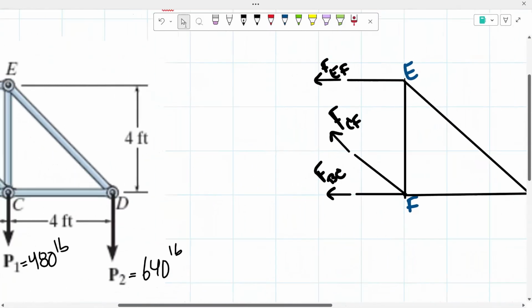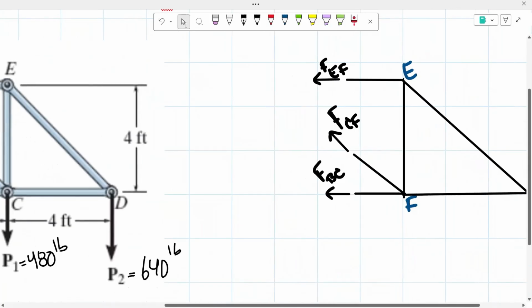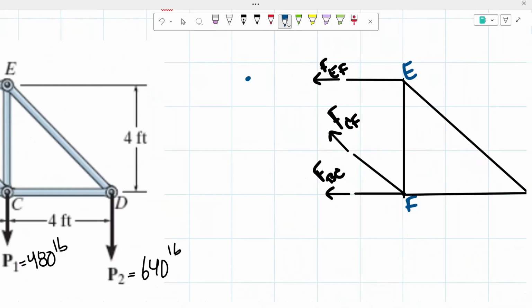And then from there, we would have our joint, sorry, this is our joint or point C, there you go.